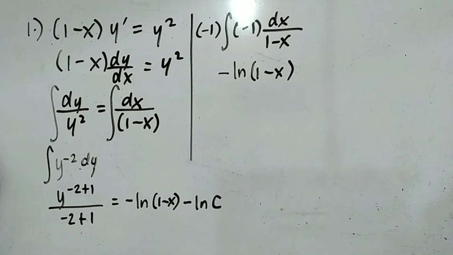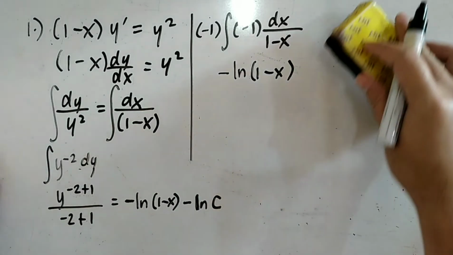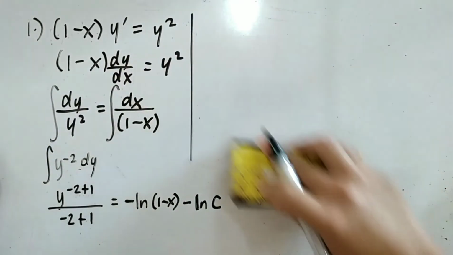Why negative ln of c? Because as you can see, our ln here is negative. It is easier for us to simplify with 2 natural logarithms using the properties of natural logarithm. Okay, so I will rewrite the equation here.